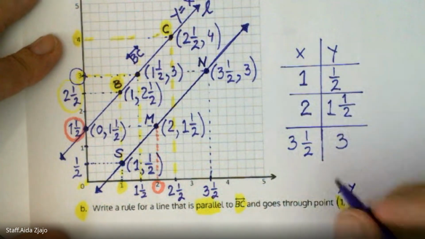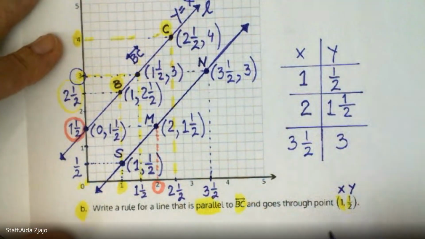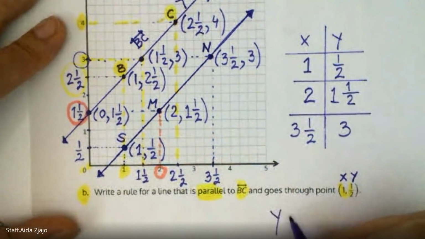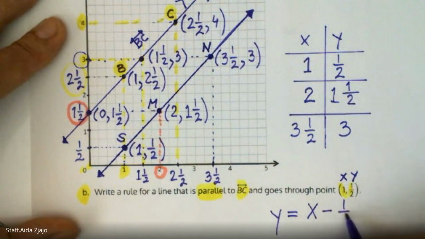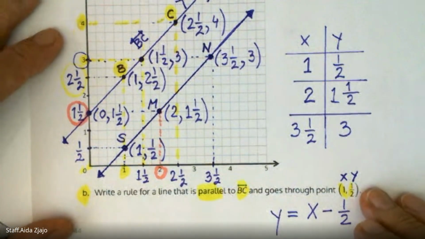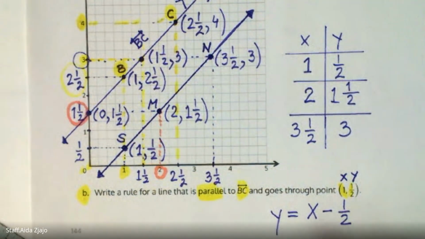So I found my rule to get y. To get y, I needed to have x and subtract half from it. So y is x less a half, not half of x, because that would be a division.